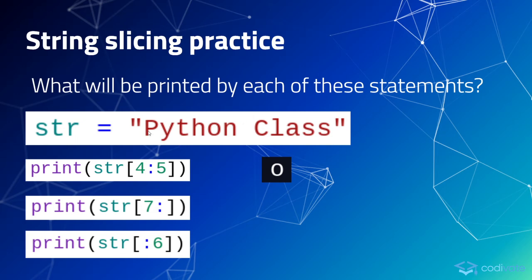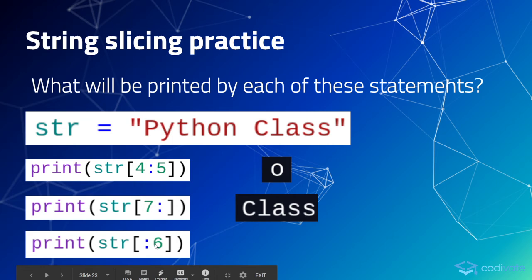So 0, 1, 2, 3, 4, 5, 6, 7 gives us a start index at the beginning of this class. So we start at C, and the end index is just going to be the end of the string, so we print class.